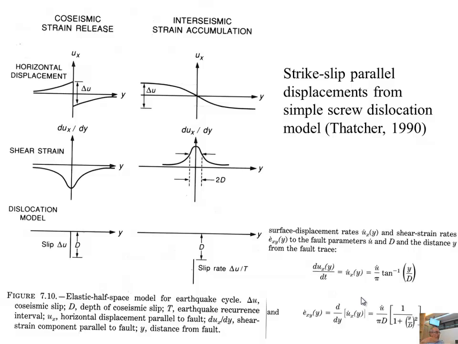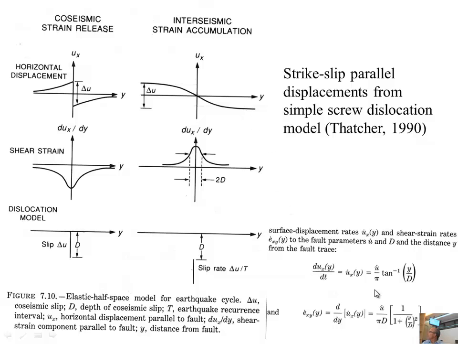But let me go through the story a little bit more and then we'll come back. Just to show the equation, this one says basically this is the change in displacement with time. So this is basically displacement rate is equal to the slip rate divided by pi times arctan of y over d. So this is just the equation for this curve. Okay?